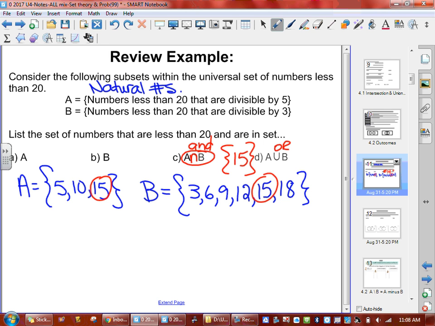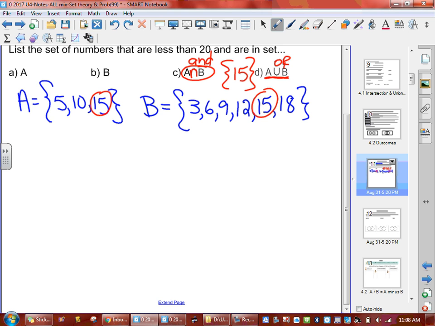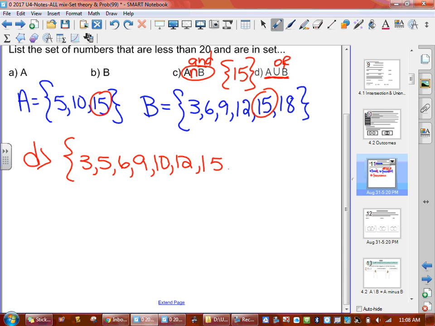So all you ever do when you see the union is write all of each. So we would write all of each set. Now, the 15 is repeated, so we don't write it twice, we only write it once. So the answer for letter D, we have a set that's going to include 3, 5, 6, 9, 10, 12, 15, and 18.